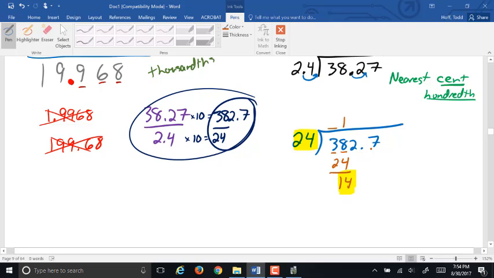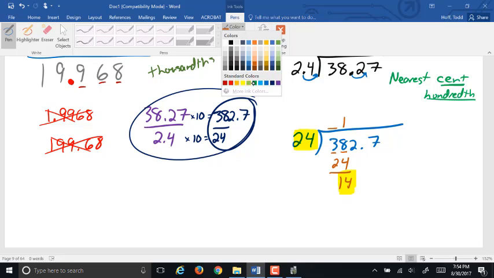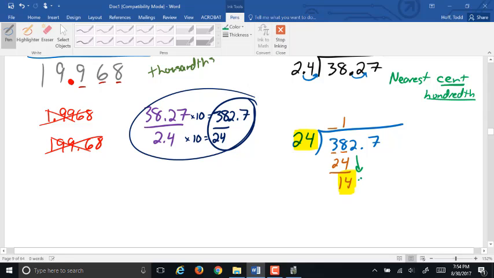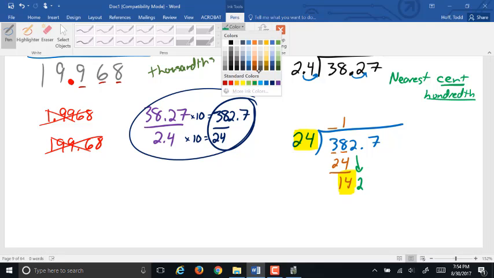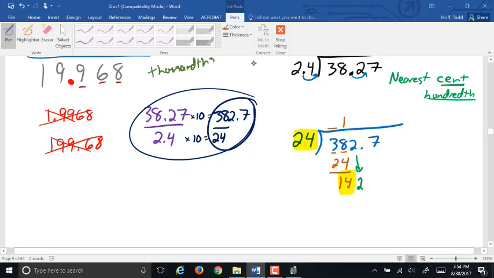Now I bring down my next digit here, which will be 2. Does 24 go into 142? Yeah, it only goes 5 times, doesn't it? 5 times 24 is 120. We subtract, get 22. What must I do before I can bring down that 7?